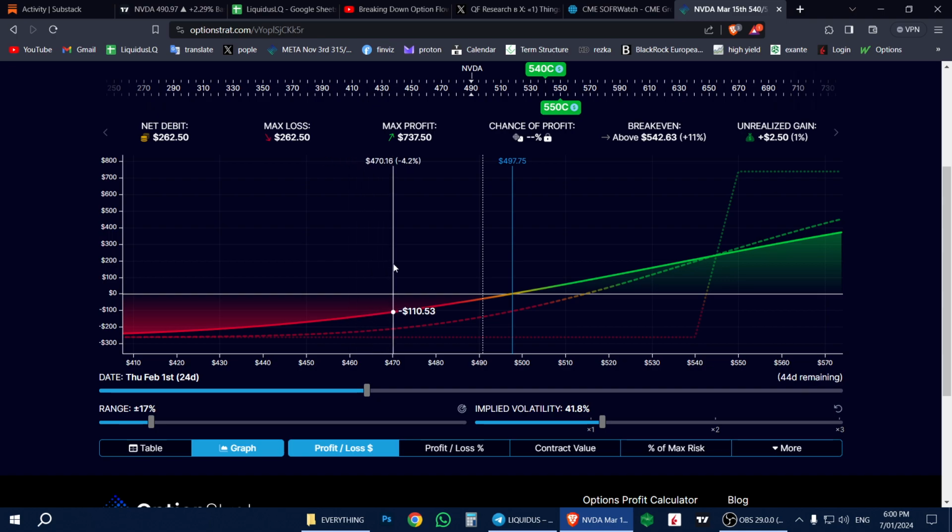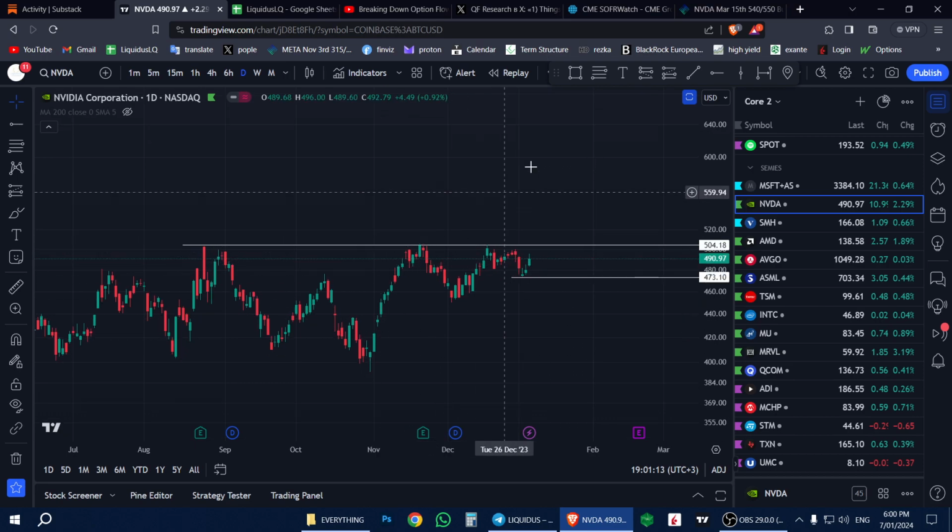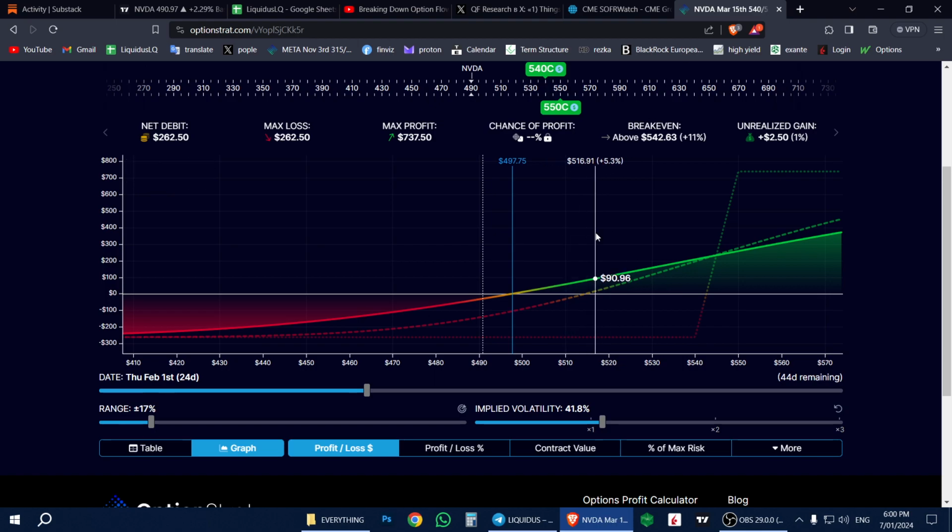And if the best case scenario materializes, and we believe it will, it will be good. We're not going to see a slow grind higher into 520, 530. It's probably going to be something like this, a nice move higher.